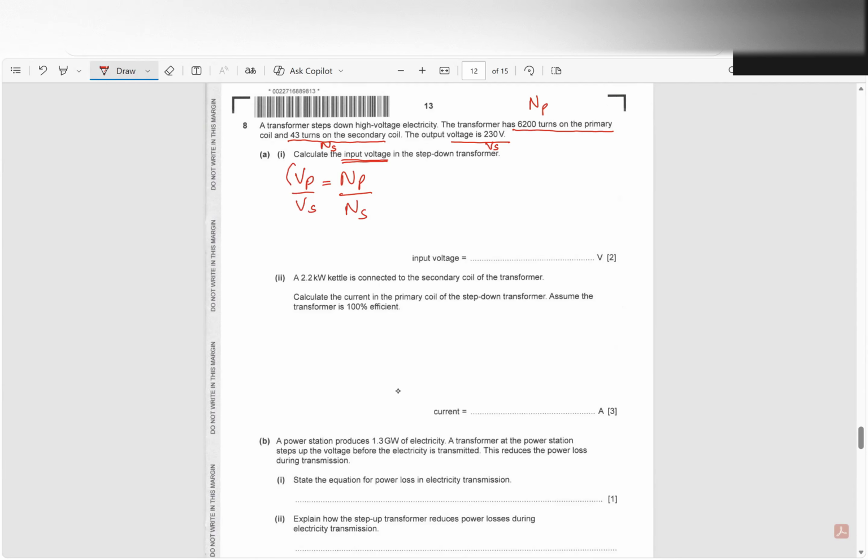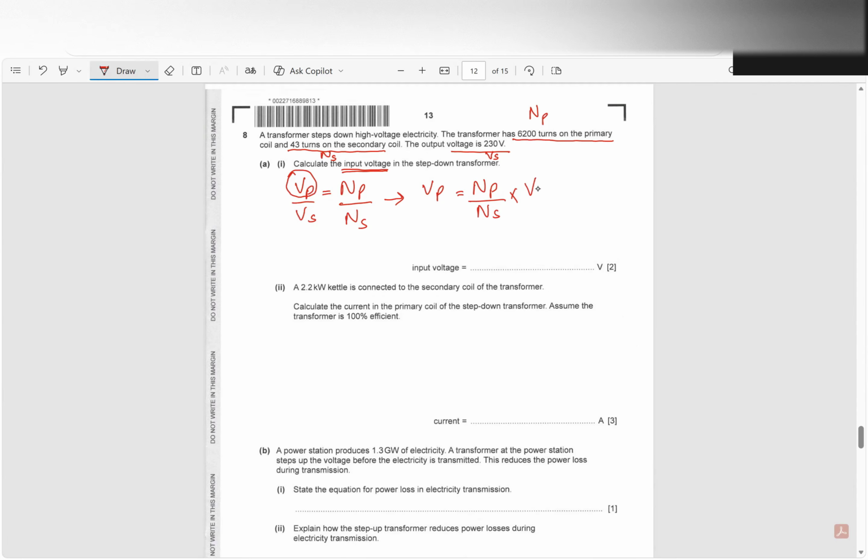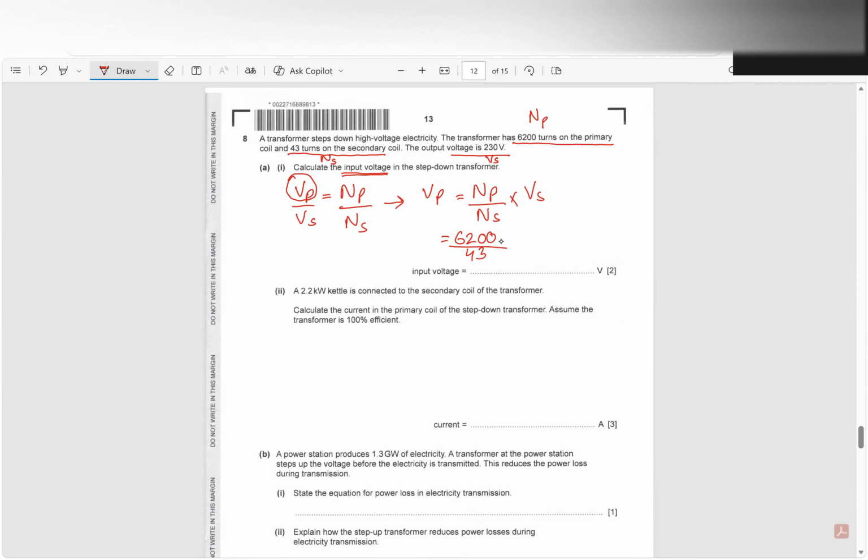Making the primary voltage the subject, voltage primary is number of turns primary divided by number of turns secondary, into voltage secondary. So we have 6200 divided by 43 into 230.